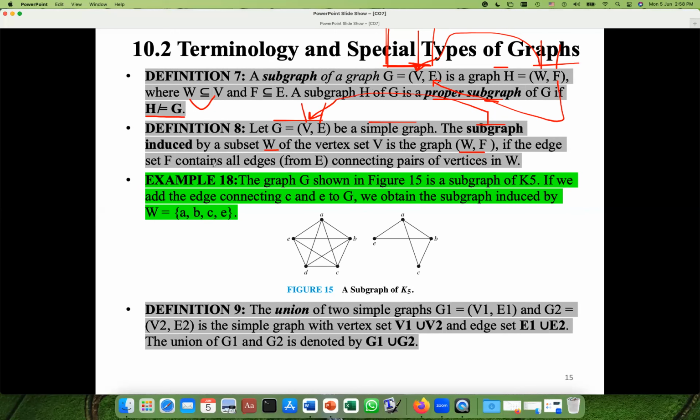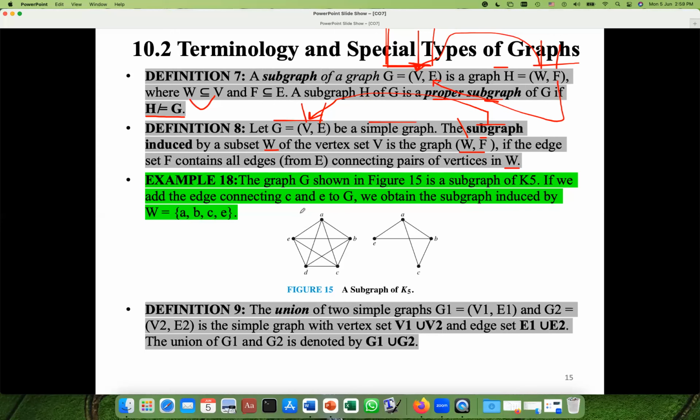This F is the edge set, and W is the vertex set of the subgraph. If the edge set F contains all edges from E connecting pairs of vertices in W.